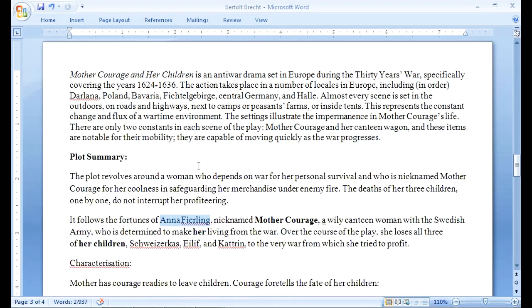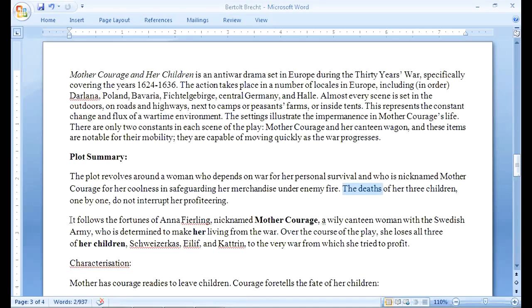She provides facilities for that. She has to wait for such incidents where she can sell the products and survive. But you will find here what happens to her. She works as a merchant. She loses her three children in the war.